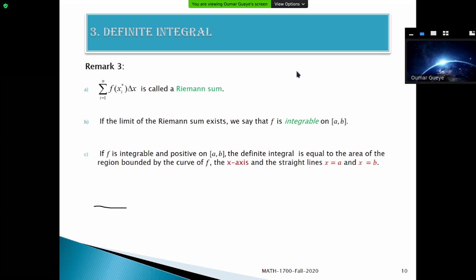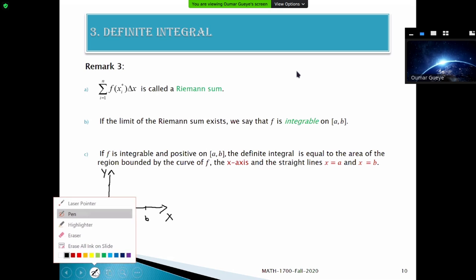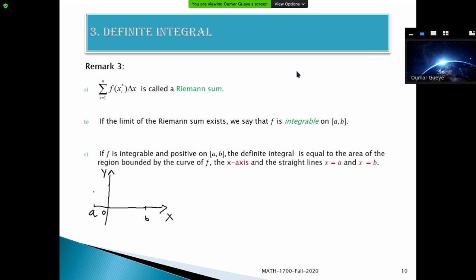So let's say you have here the x-axis, and here the y-axis. And we have here, for example, A and B, the interval AB. And I'm going to draw here the curve of this function. So for example, this is my function f.